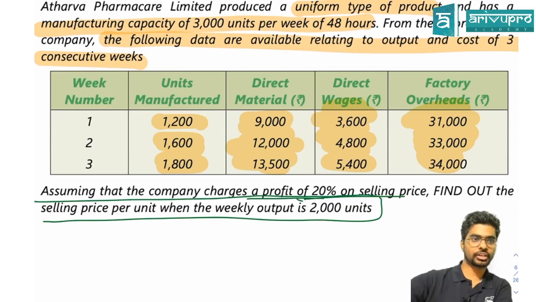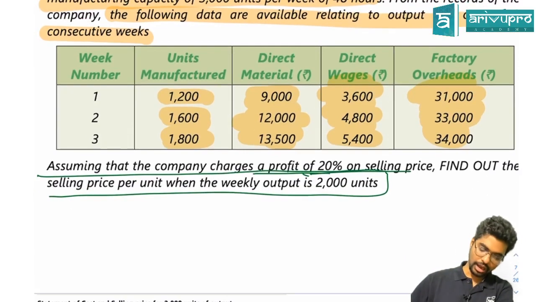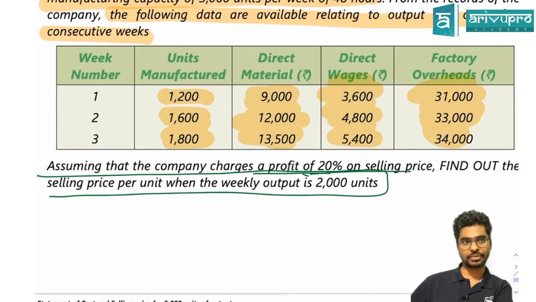Now I have crazy things here. What are the crazy things? I have to identify whether the costs are fixed, variable or semi-variable in nature. Did you understand? I have to find out whether the costs are fixed, variable or semi-variable in nature.